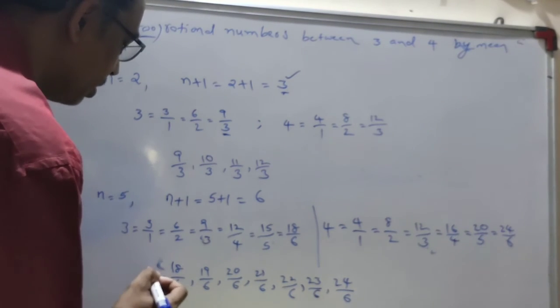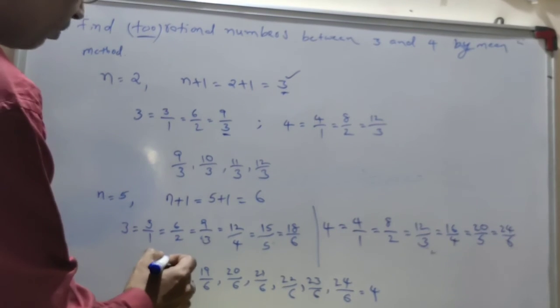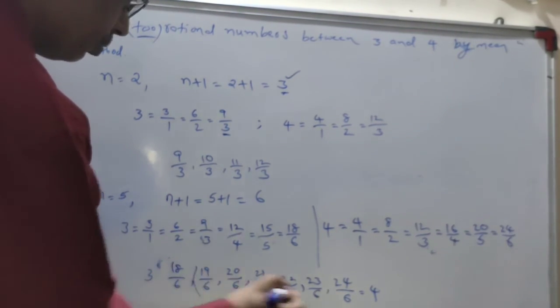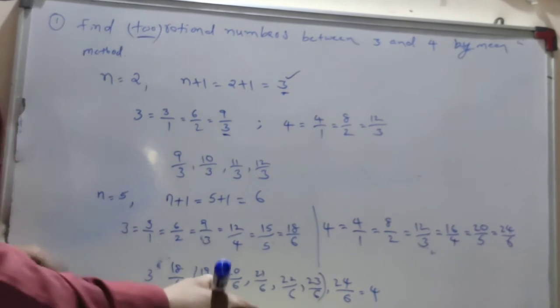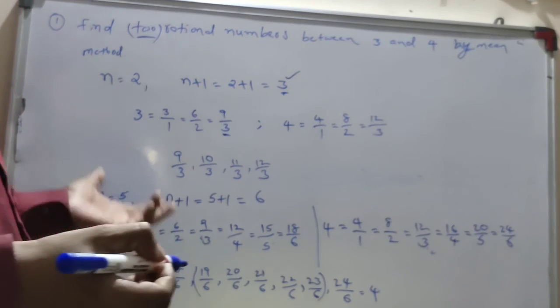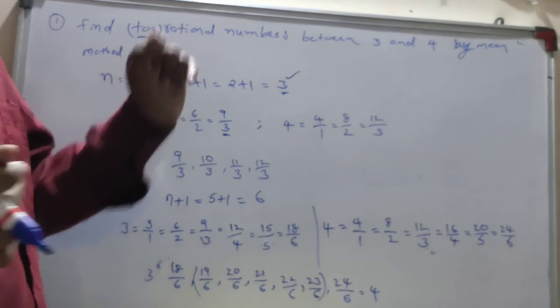So 18 by 6 is nothing but 3, and 24 by 6 is nothing but 4. That means from 19 by 6 to 23 by 6, how many did we get? Just observe here: 1, 2, 3, 4, 5. So like that we can easily find the rational numbers in between 3 and 4.